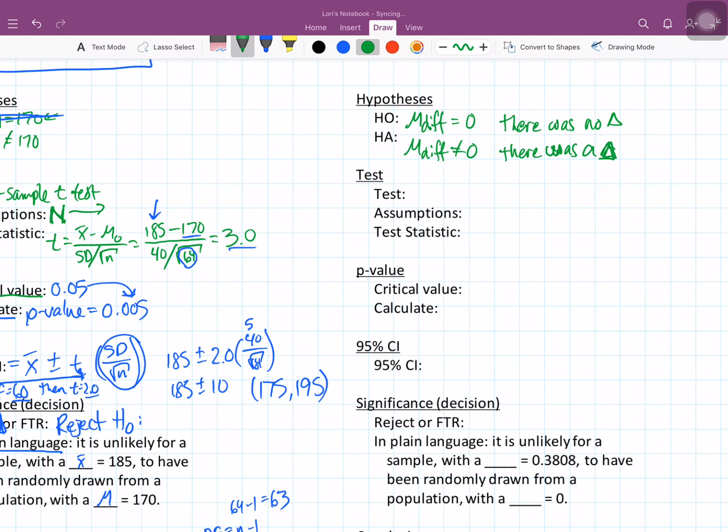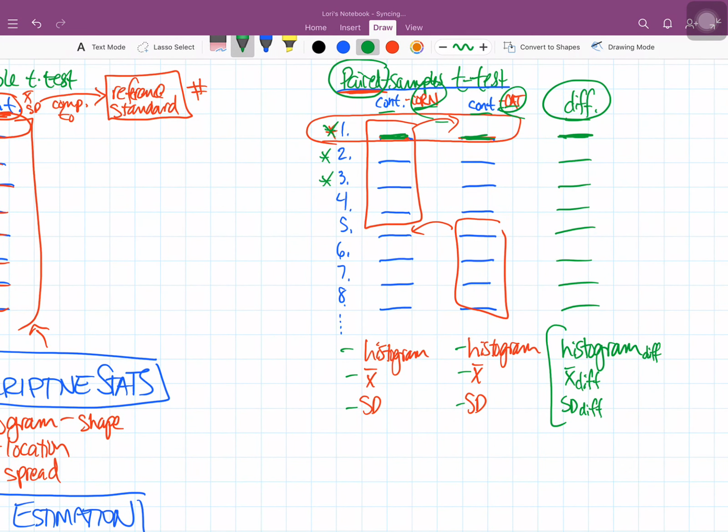The test is a paired samples t-test, which is also known as the dependent t-test, because the difference, the before and after, if you were to consider the oat bran as the after, is dependent on that person's own individual baseline when they're eating just regular cereal.